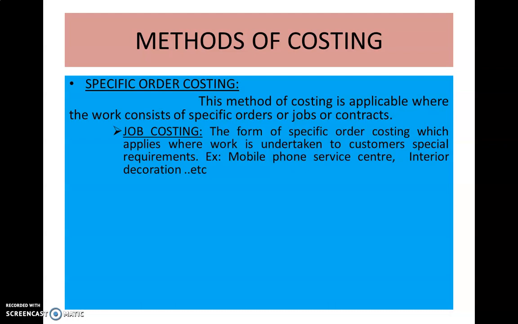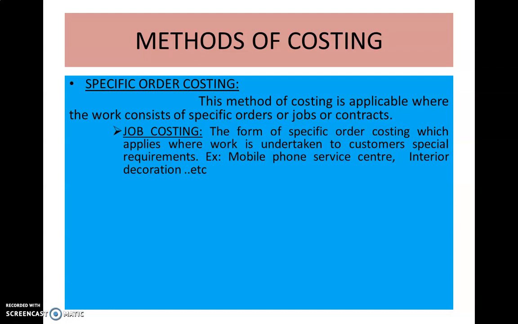It means it applies to an industry which produces a definite article on receipt of individual orders from customers. In this method, the items of direct costs are traced for a specific job or order. Each job involves different operations. So every job is given a number and related costs are recorded separately.